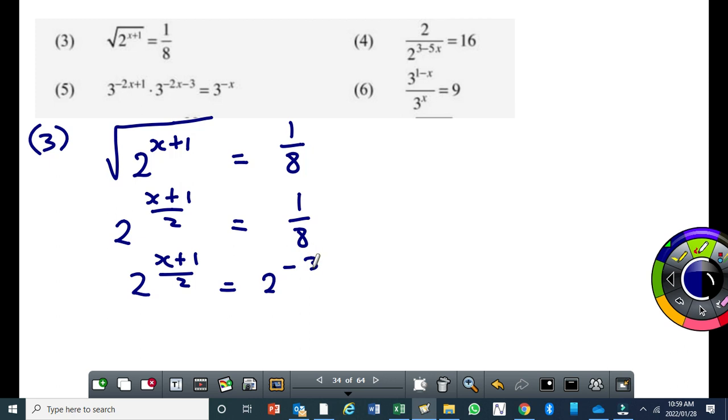Please be aware the question can be done in more than one way. Maybe probably 3 ways or 4. Since the base is the same, the exponents are equal. Once we have got that equation there, which is more like a linear equation, it means we have gone back to grade 9, grade 10.